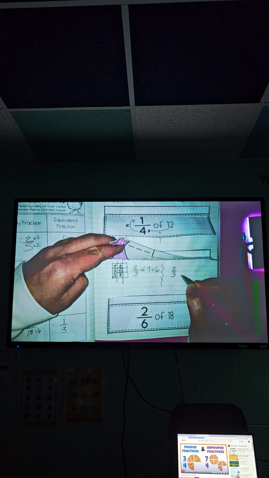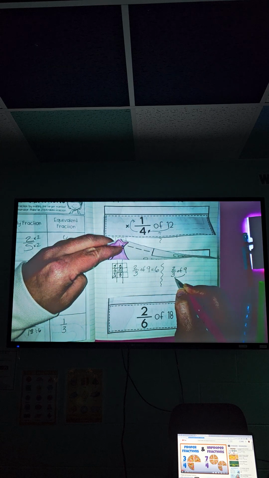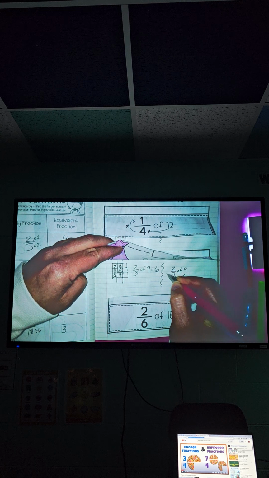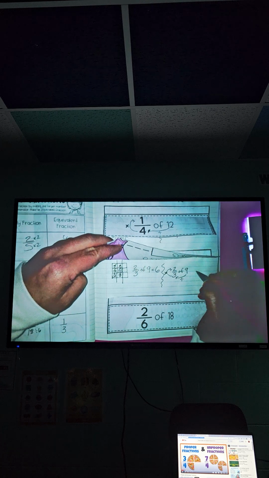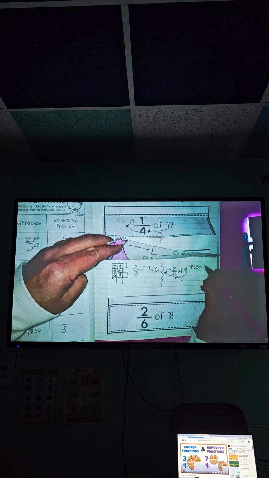Now mathematically, you get 9 divided by 3, and that answer is multiplied by 2. So 9 divided by 3 equals 3. 3 times 2 equals 6.